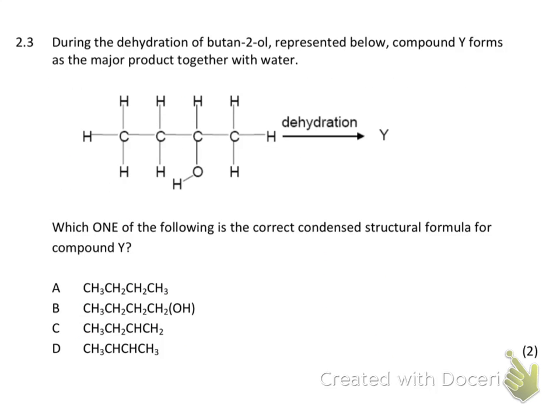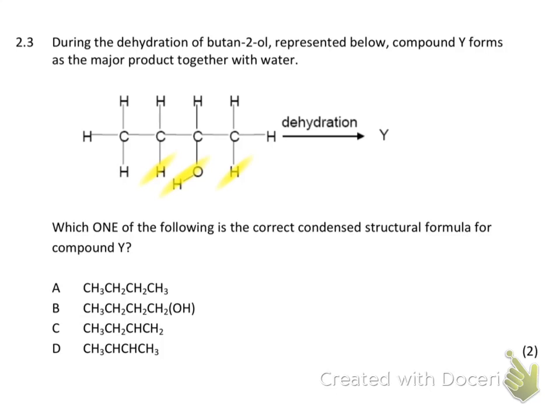Right, 2.3, a reaction question. We're looking at the dehydration of butan-2-ol. During dehydration, the OH group will be removed or eliminated with one of the 2 hydrogens, either the one on the right or the one on the left. And so the question really is about trying to work out which of those will be eliminated.